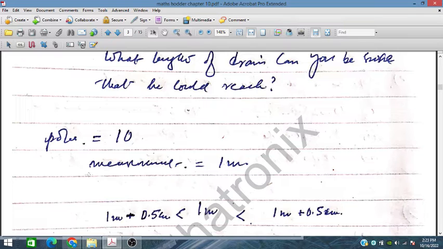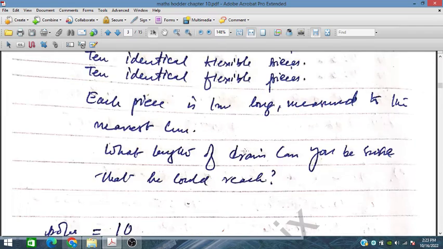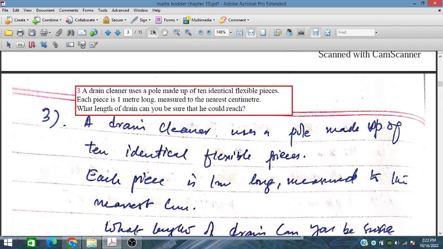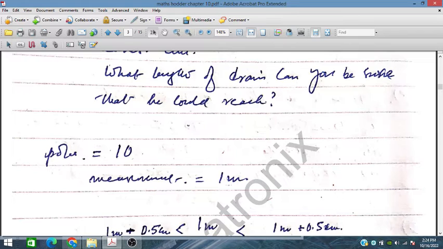The number of pieces is 10, and each piece is 1 meter long.